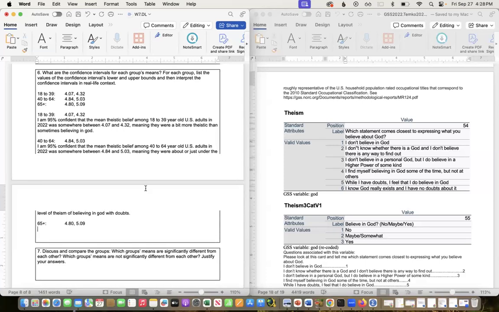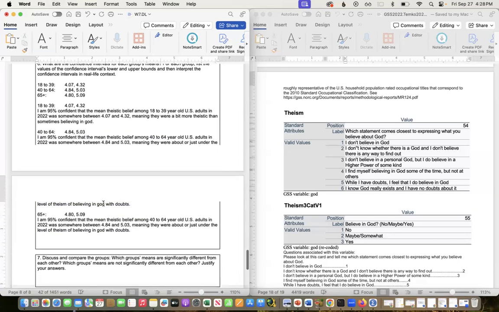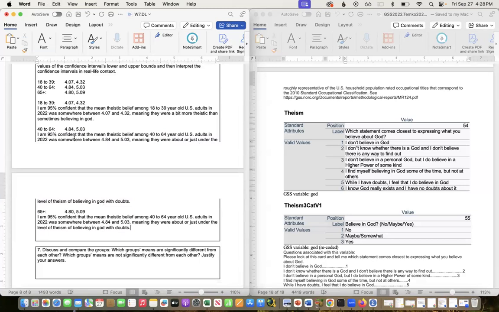And lastly, for this group, this is basically the same as that. And so I'm just going to change this to among US adults 65 or older. I'm changing this, but my interpretation can be the same.